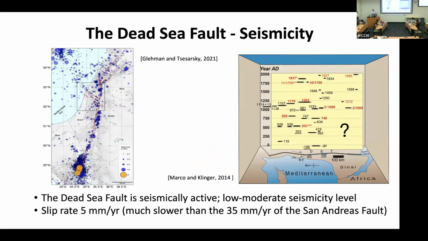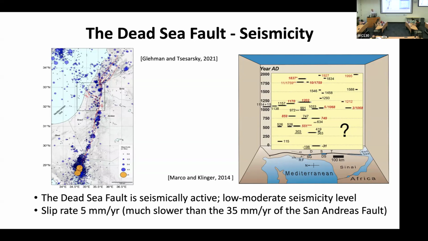And what we see over here is that the Dead Sea fault is associated with seismicity. There are a lot of seismic events. The most recent were in the Gulf of Aqaba, of Eilat, but it's sporadic seismicity. It's not as active as the San Andreas fault because the rate of motion is much lower.